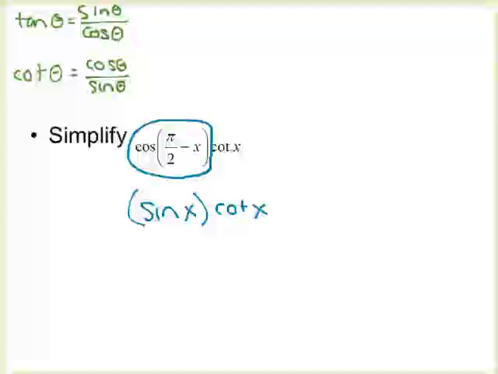Before I do that, the 2 other substitutions that could happen here: cosecant of theta is equal to what? What was it the reciprocal of? Cosecant is the reciprocal of sine. So cosecant will be 1 divided by sine.